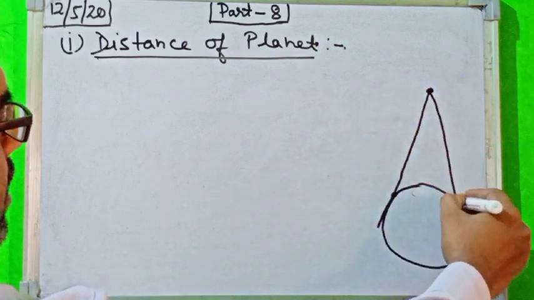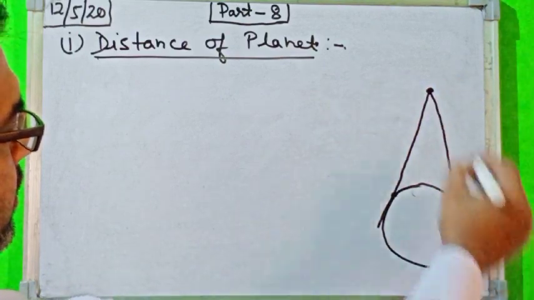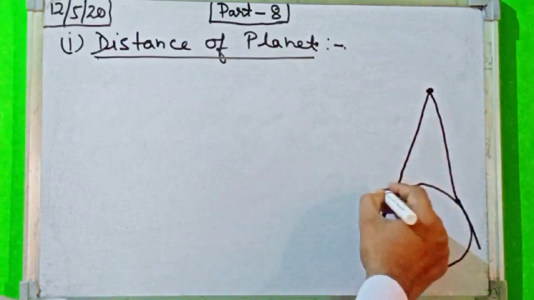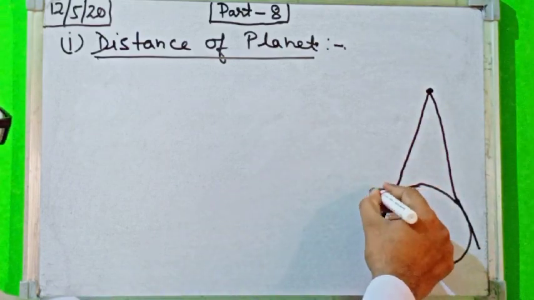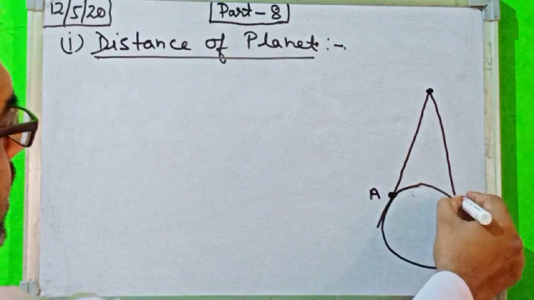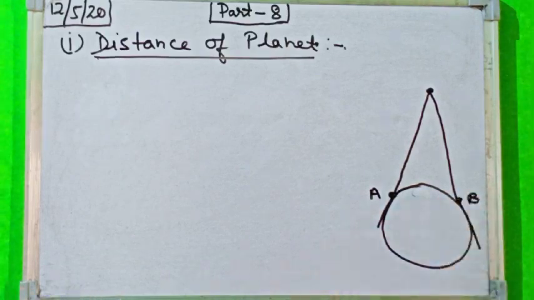Observatories means we are observing the planet from these 2 points. This observatory is named as A and this observatory is named as B.